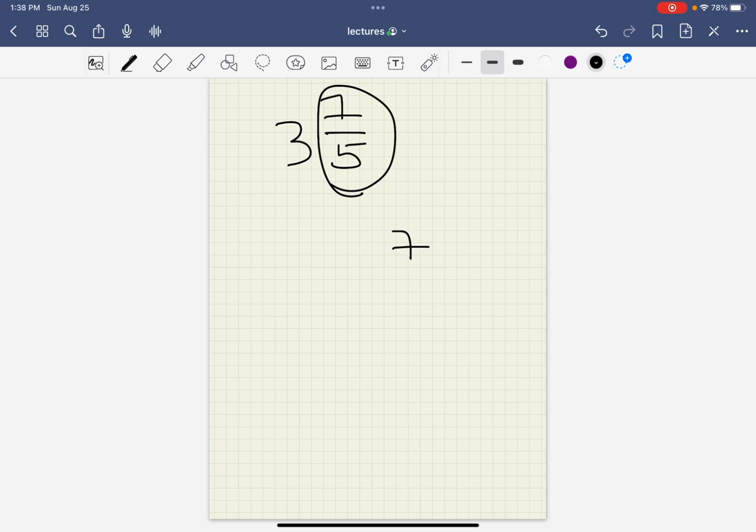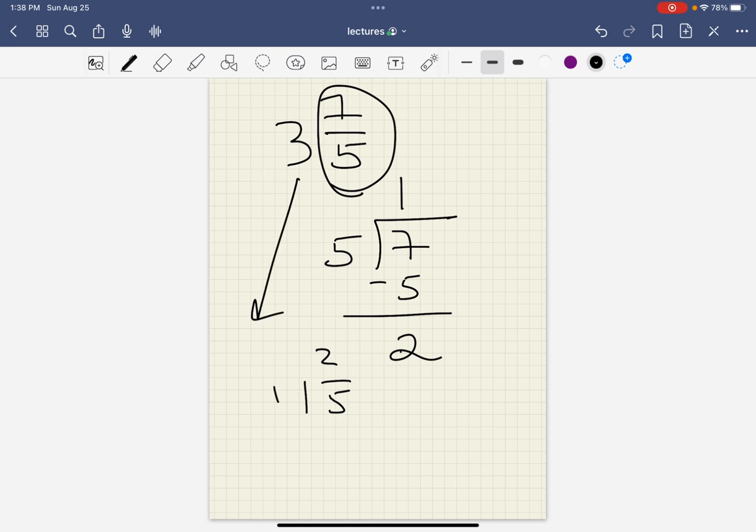So the 7 goes in the box, 5 on the outside, so 5 goes into 7 once, and then there's 2 left over. So this is 1 2/5, but we have to add it to the 3 that we already had. So 3 plus 1 is 4 2/5.